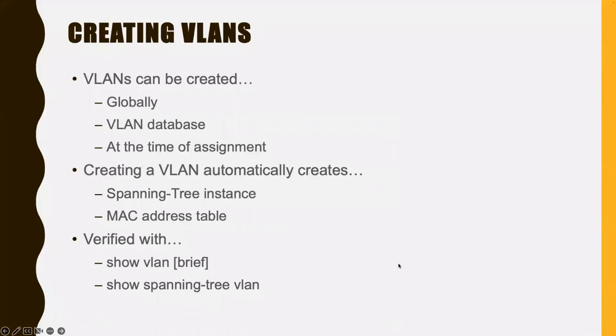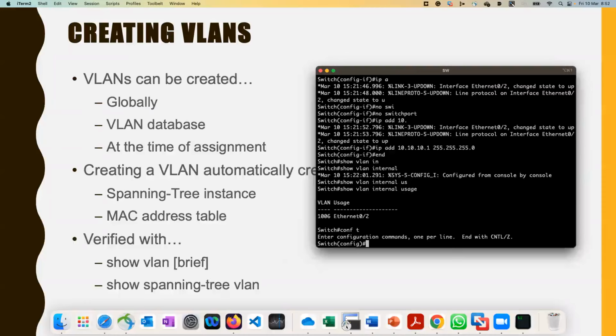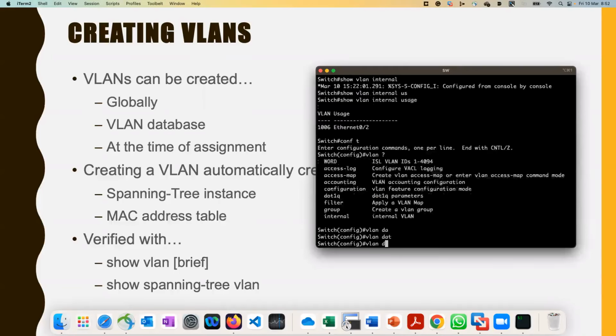Let's come back. How can a VLAN be created on a switch? There can be several methods. For example, I can configure it globally with the vlan command and then give a VLAN ID. Or I can go to my VLAN database.